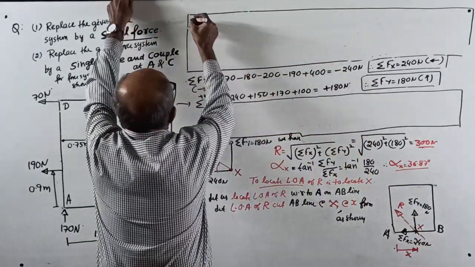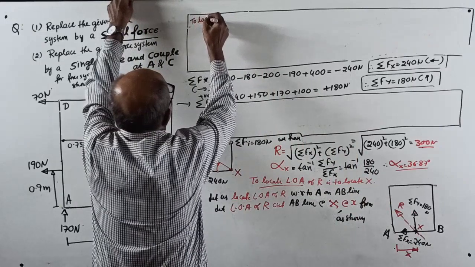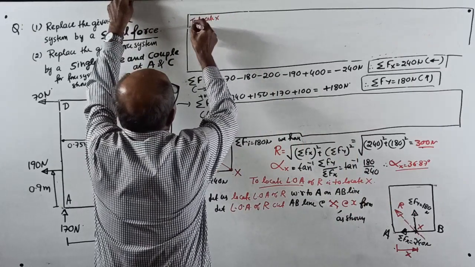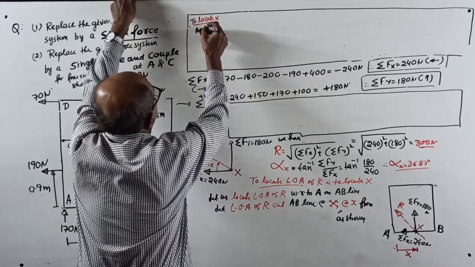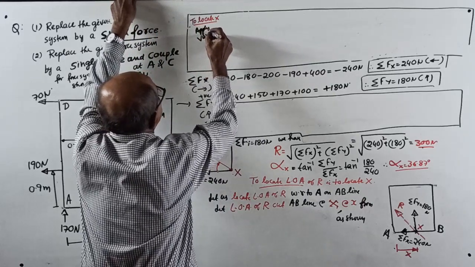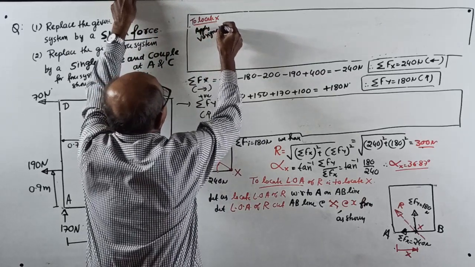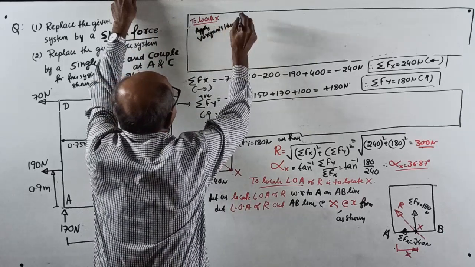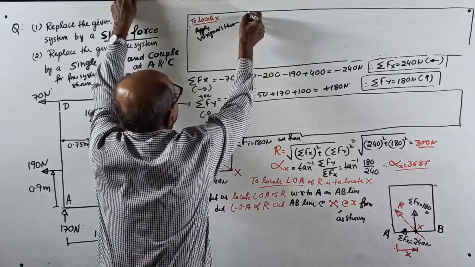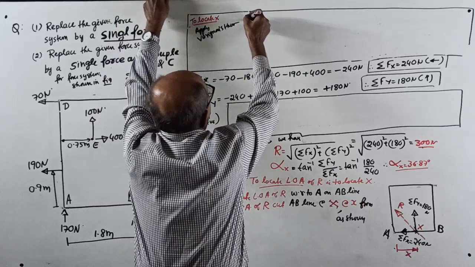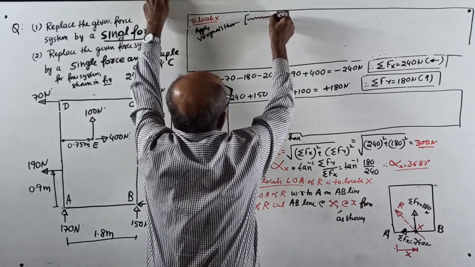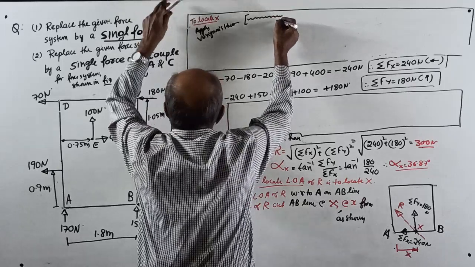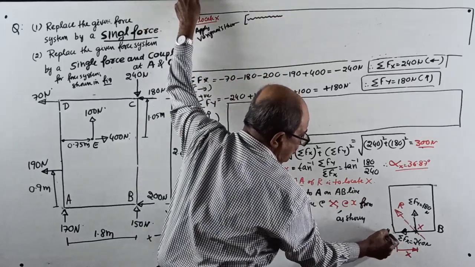To locate x, apply Varignon's theorem. Algebraic sum of moments of the given force system about, now you have to take moment about A. Why?